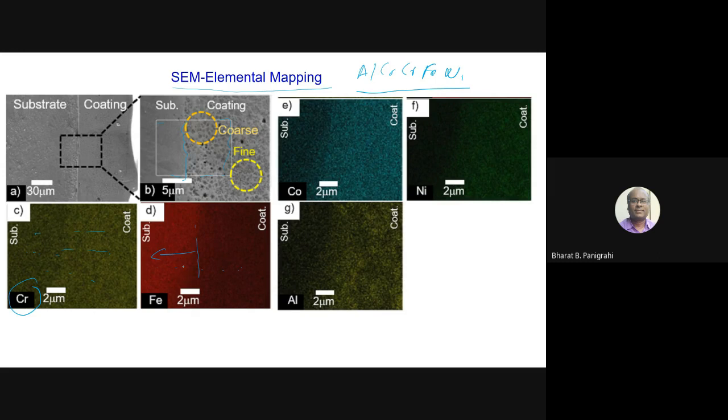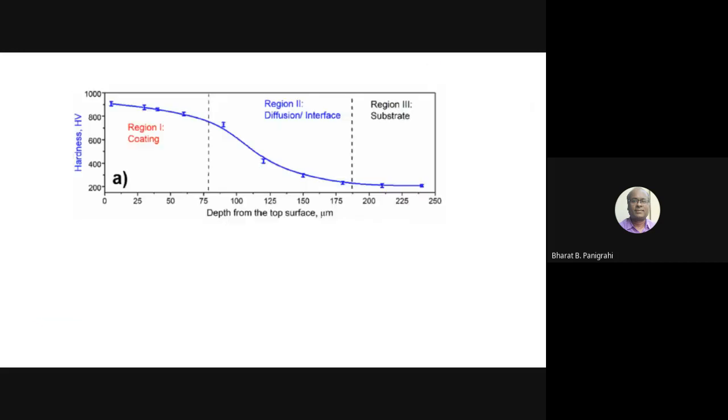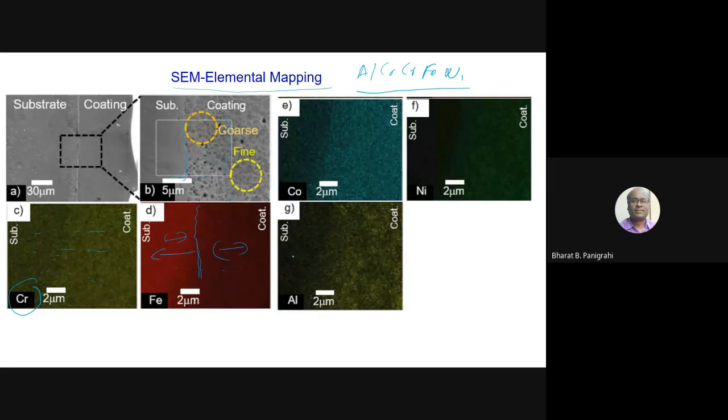However, you can see in the iron measurement very clearly, since it is pure steel, pure iron, having a majority of the steel, you can see the color is much brighter, meaning the density of iron is higher compared to this side. If you look at the cobalt, you can see this region contains a high density of cobalt compared to where it becomes very low.